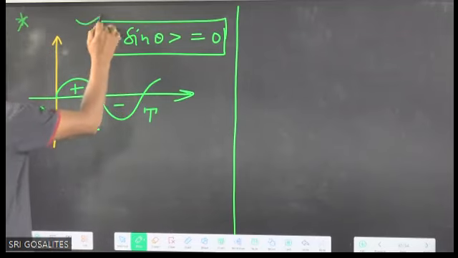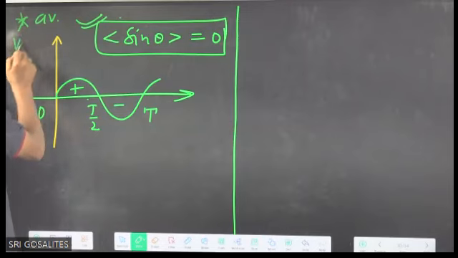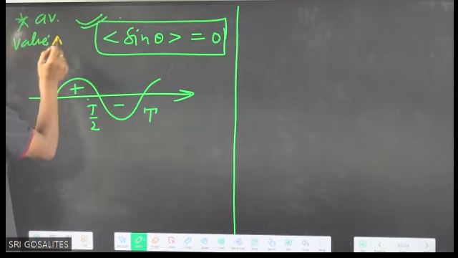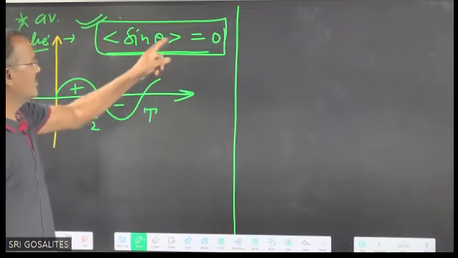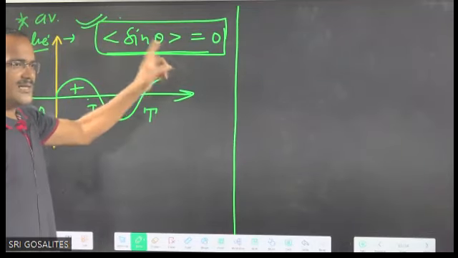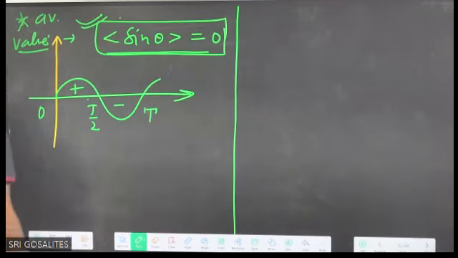This is called the average value of sine theta, which is 0. This symbol represents more or less. More or less means the average of sine theta is 0.